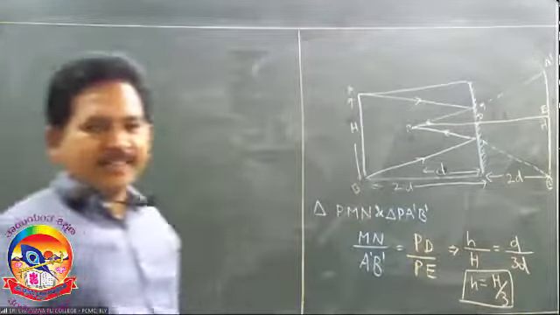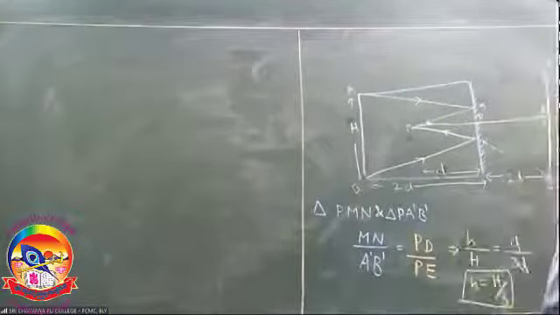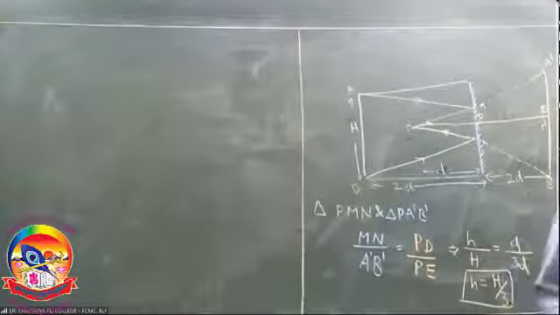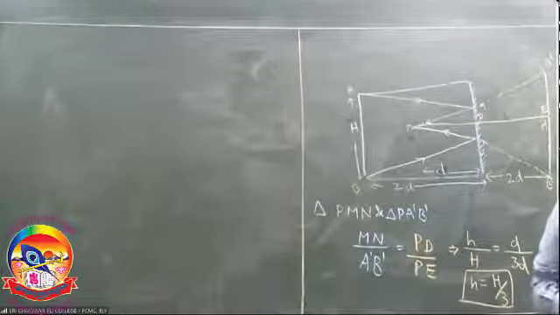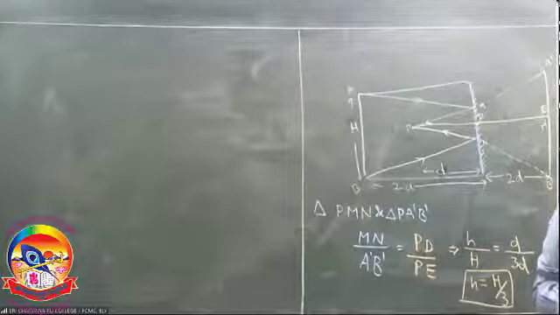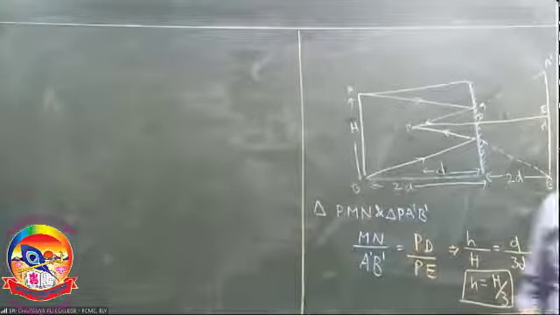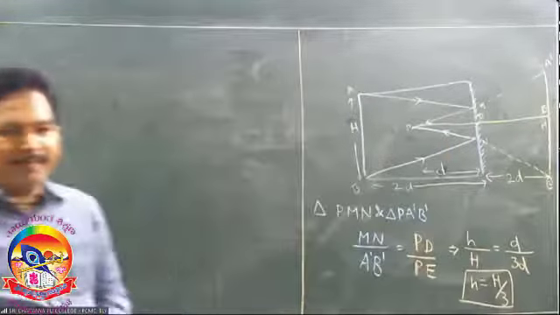Now we have seen one of the properties of the image formed by a plane mirror: longitudinally it is erect, laterally the image is inverted.